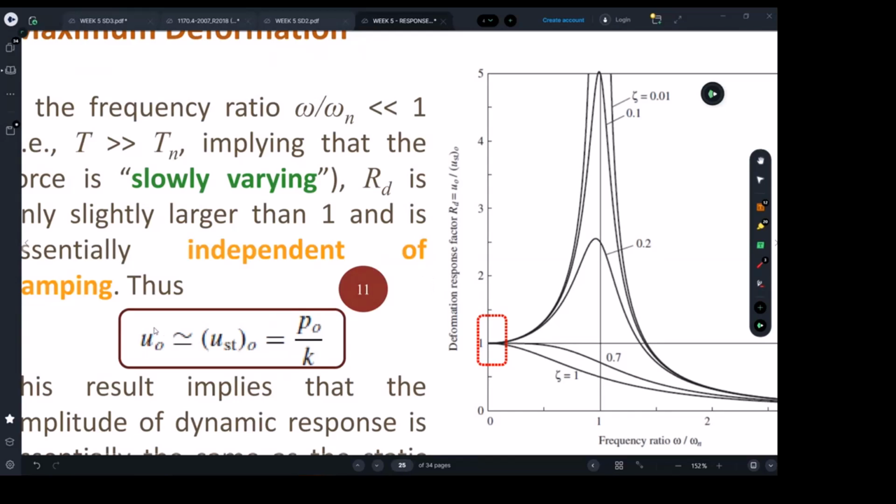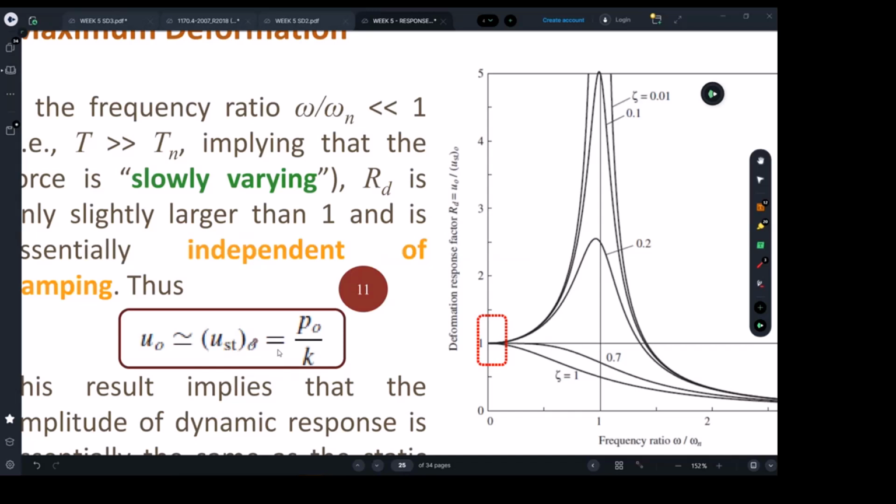And basically your dynamic response will be approximately equal to the static response, which is a very simple solution. You just go back to statics, which you studied at undergraduate level, or maybe at school, and that will give you how many millimeters the building will be swaying if it's hit by this gentle motion.